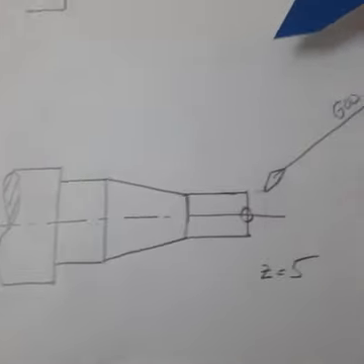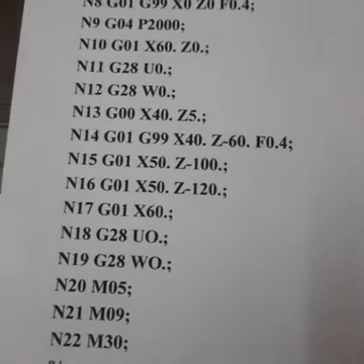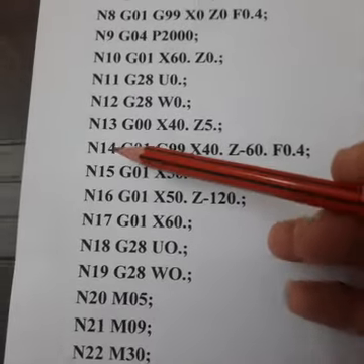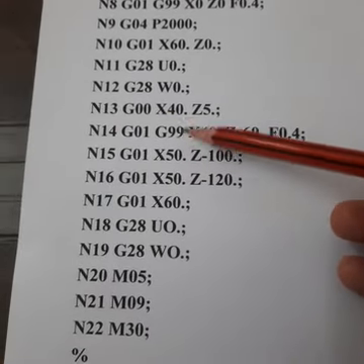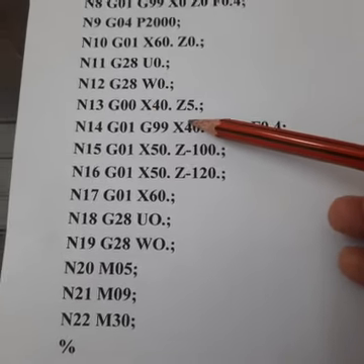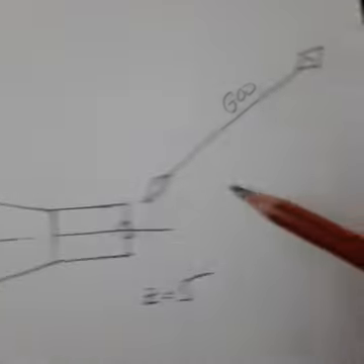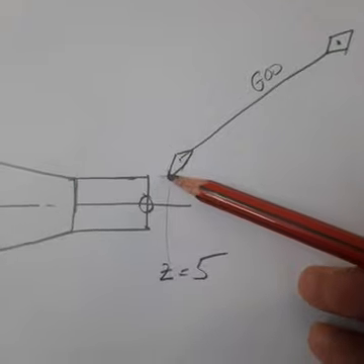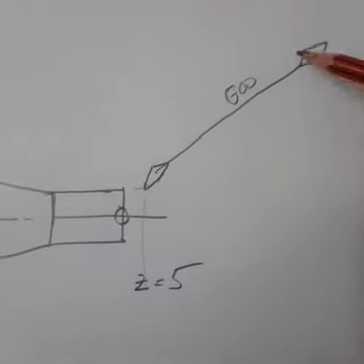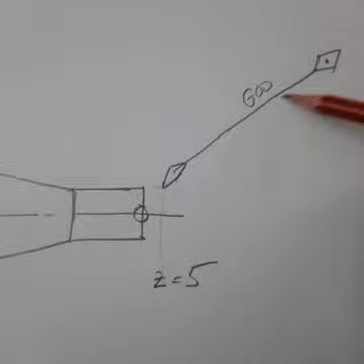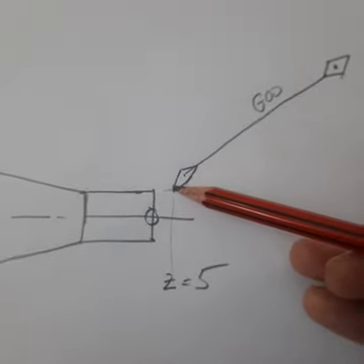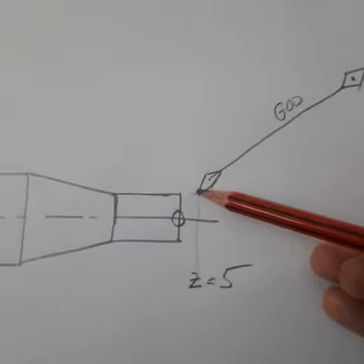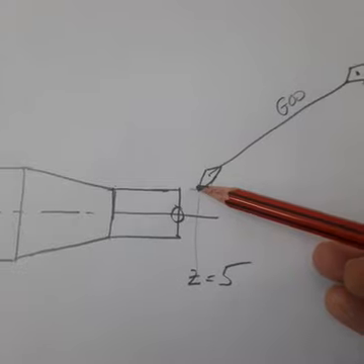After that, it has to be taken back to the home position. So G00, X40, Z5 will take the tool to this point. So this point has coordinates of X40 and Z5. From the machine home position, the tool is rapidly traversing to this point whose coordinates are X equal to 40 and Z equal to 5.